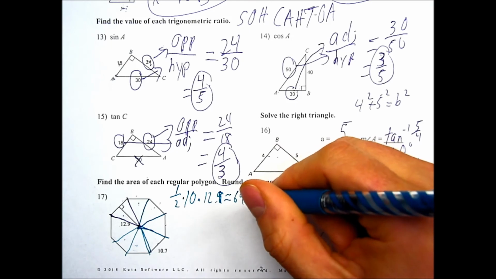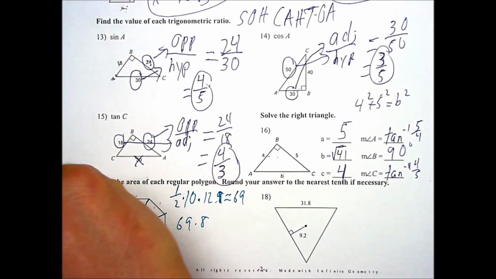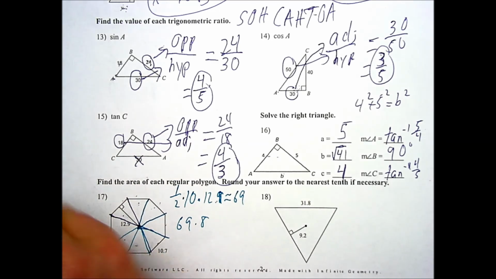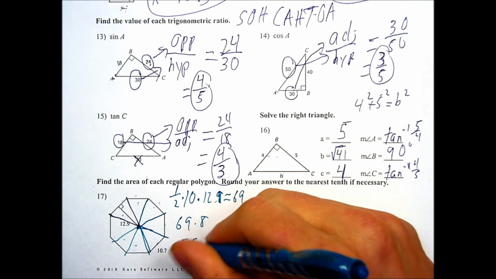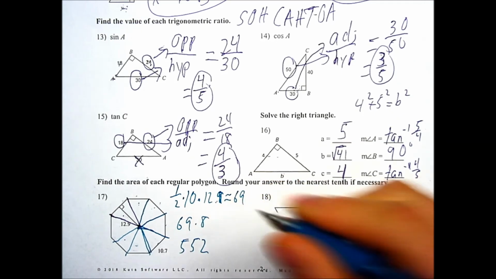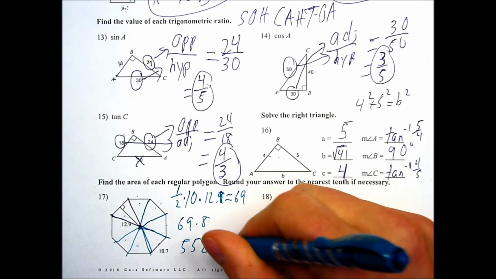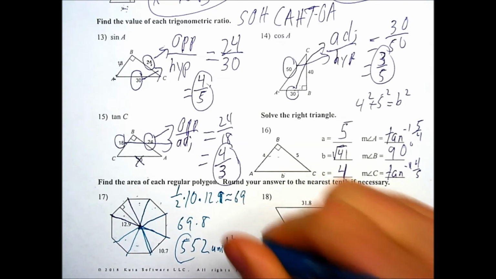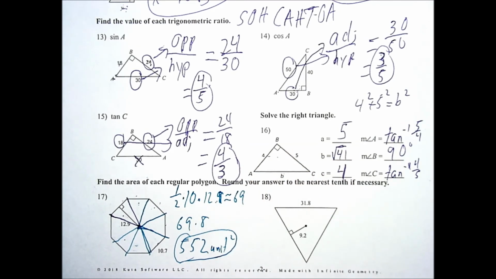And then there's 8 of those. I'm using the calculator here to do this. So I will, I guess, provide calculators on the test for this material. 552 square units. I'm going to just play on 552. That would be the area of this regular octagon, 8 isosceles triangles within this regular octagon.